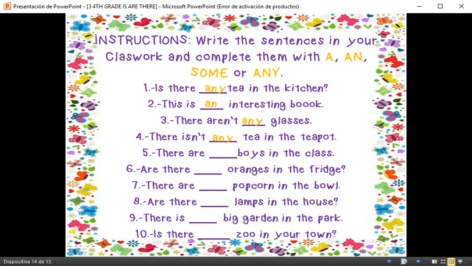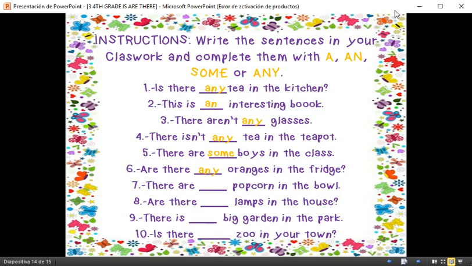Number 5, there are some boys in the class. Some because it's affirmative sentence and it's plural. Number 6, there are any oranges in the fridge. Any because it's a question.